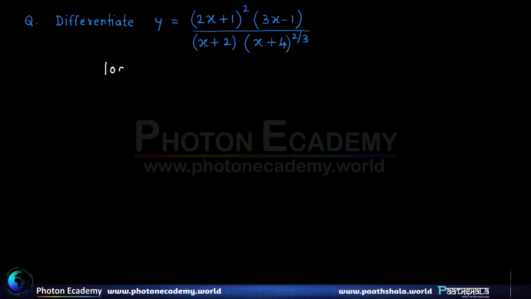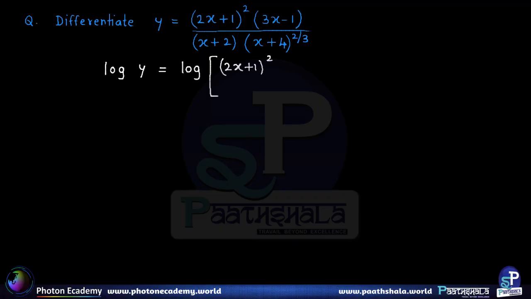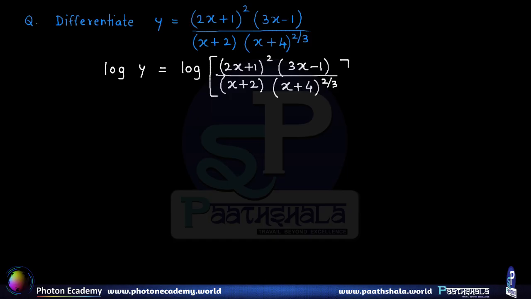So if we take the log of y, then that is equal to log of 2x plus 1 whole squared into 3x minus 1 divided by x plus 2 into x plus 4 whole raised to 2 by 3.